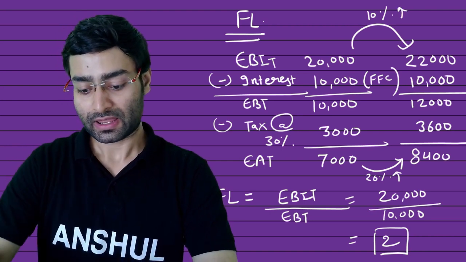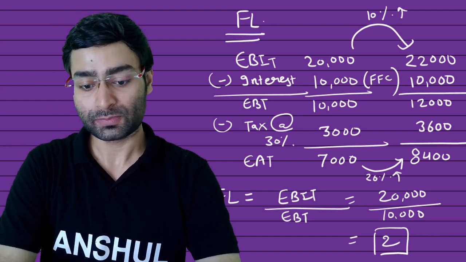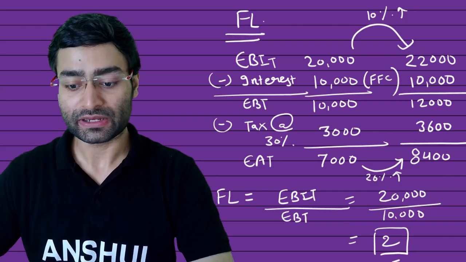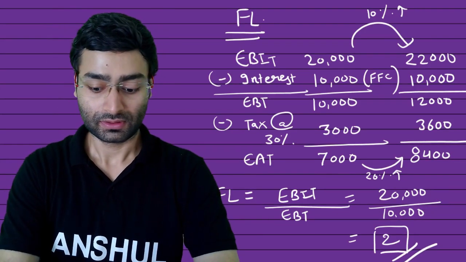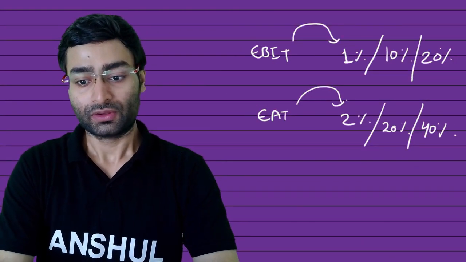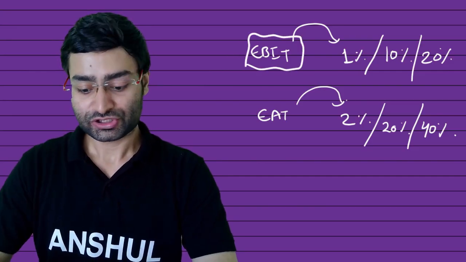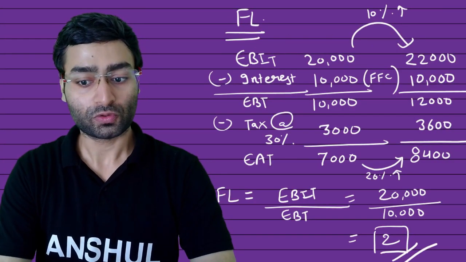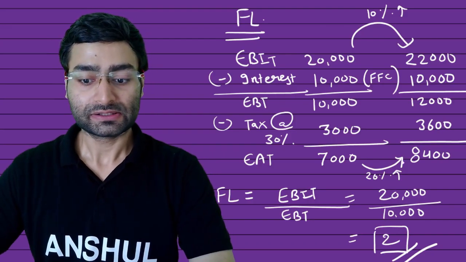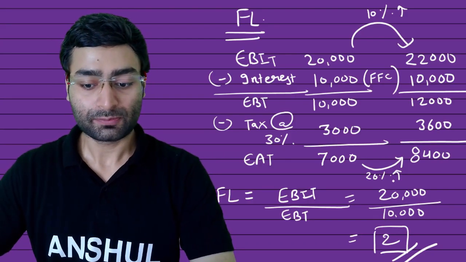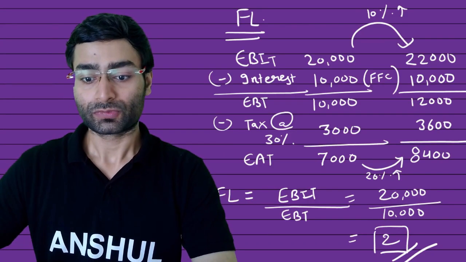Now, if you see the percentage change in EAT, it is a 20% increase for a 10% increase in EBIT. And you already knew this because you already knew the financial leverage. Understood? So take any percentage, cross check on your own, you will get the same figure: the change multiplied by financial leverage.